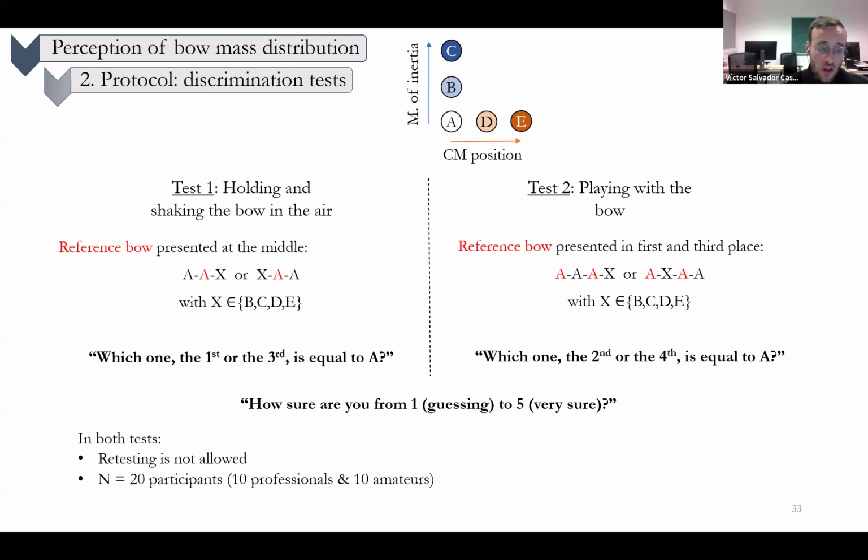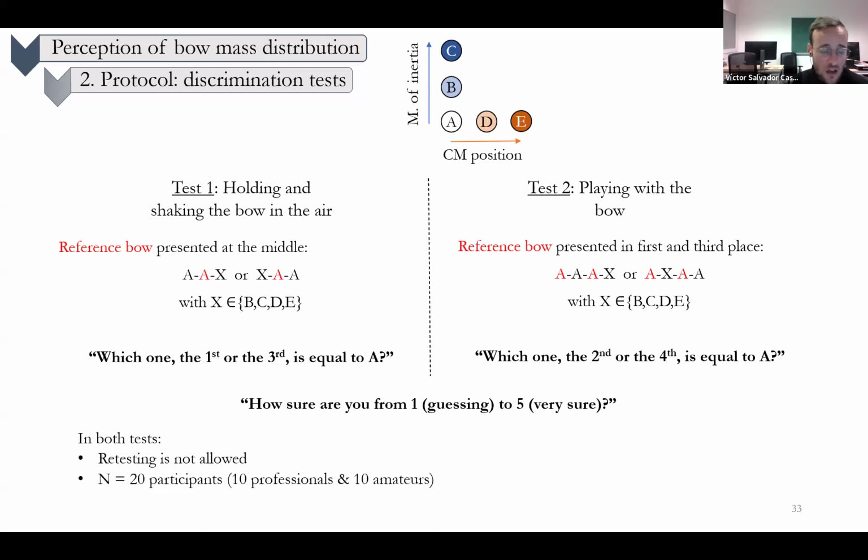So back to bows, we performed two perceptual tests. In the first one, we asked them to hold and shake the bow in the air, so that they were not playing with it, but just evaluating the bows by holding them horizontally.